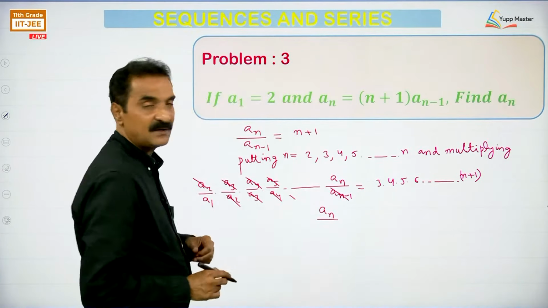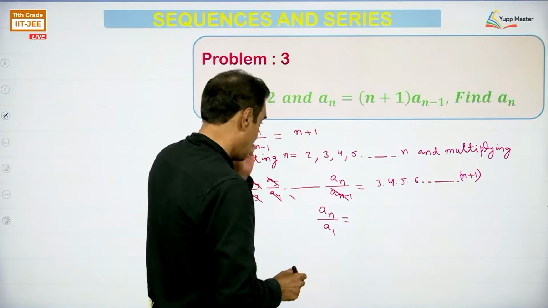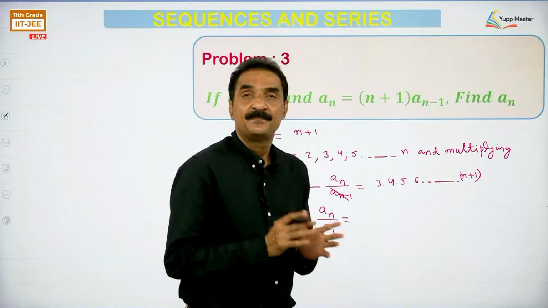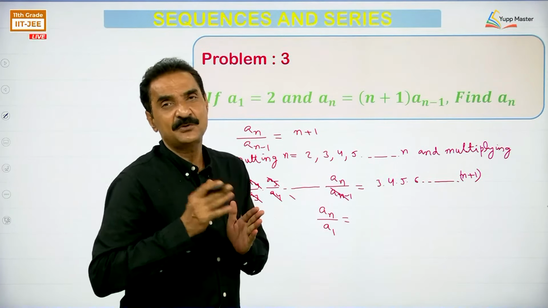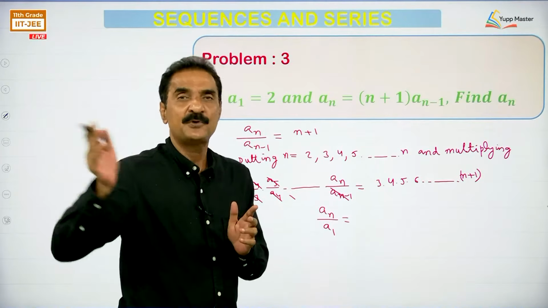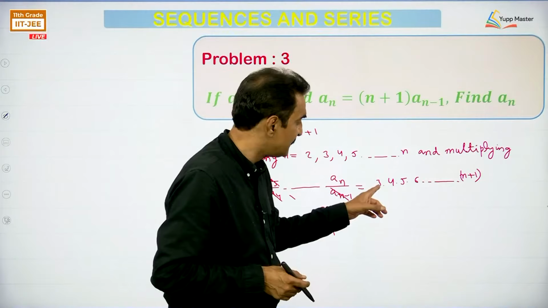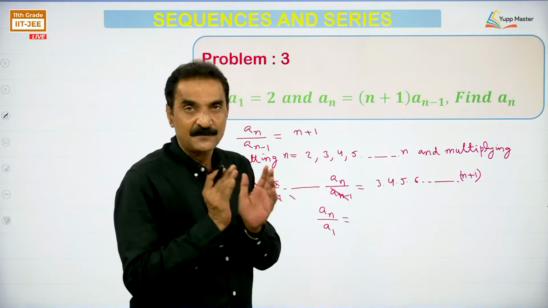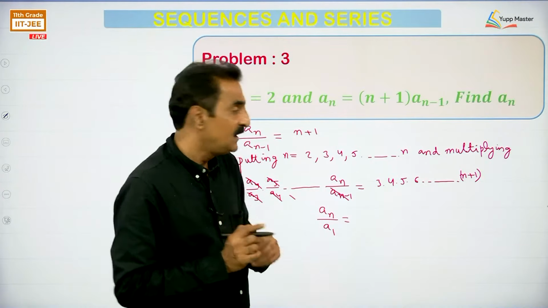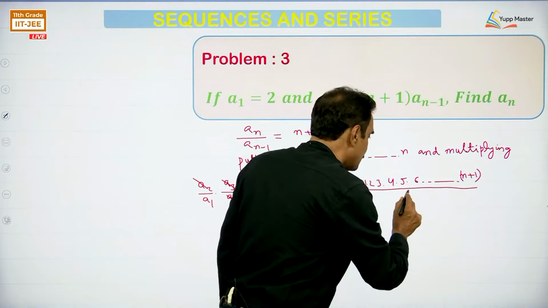Now, an by a1 is equal to, in the RHS, we know that the product of consecutive natural numbers starting from 1 up to n is n factorial, but this started with 3. So, to write it in the short form, n factorial form, we will multiply by 1 and 2 and divide by 1 and 2.